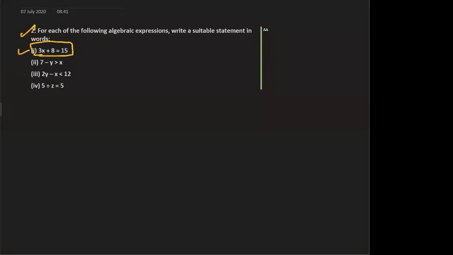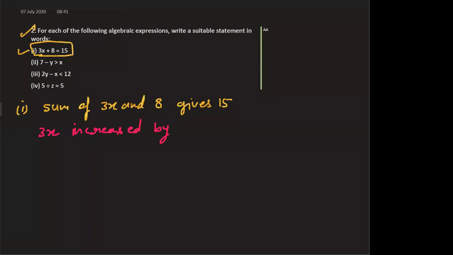So what can we write? We can write sum of 3x and 8 gives 15. Now you can write it like this also: 3x increased by 8 is equal to 15. So both are correct.